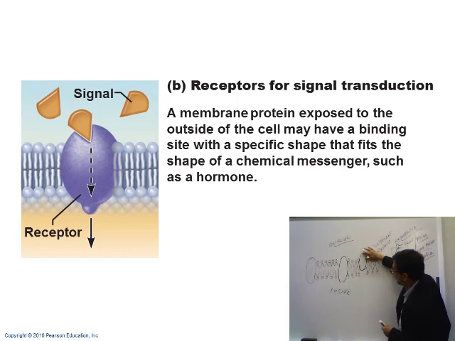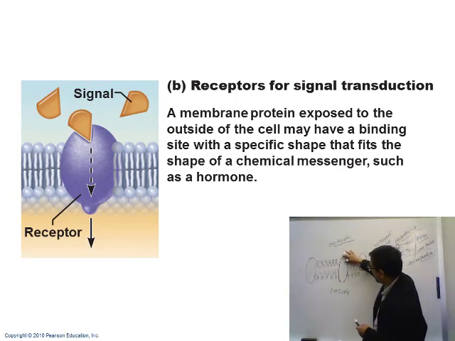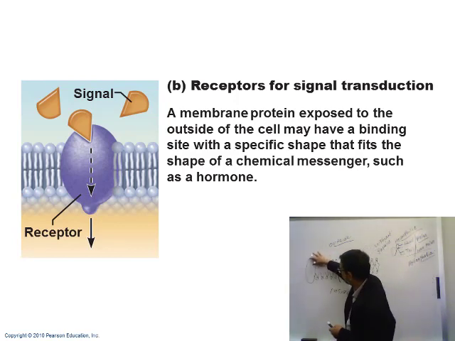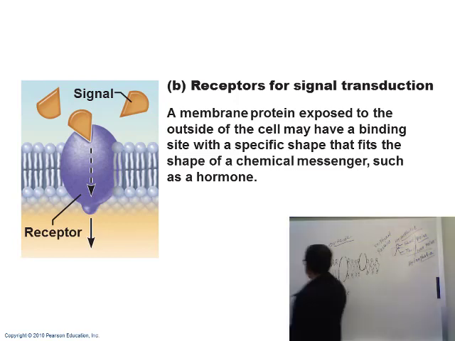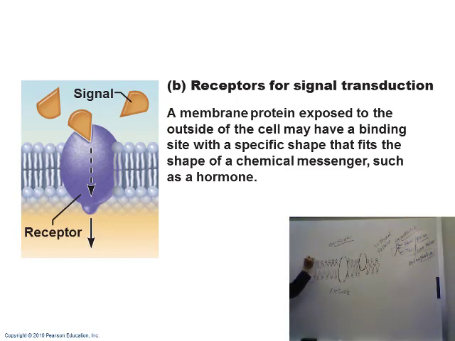The outer end of some integral proteins, you have the binding sites. For example, this one has a binding site and the shape of the binding site is square. This one has a binding site, shape is triangular. This one has a binding site, shape is round, circular.